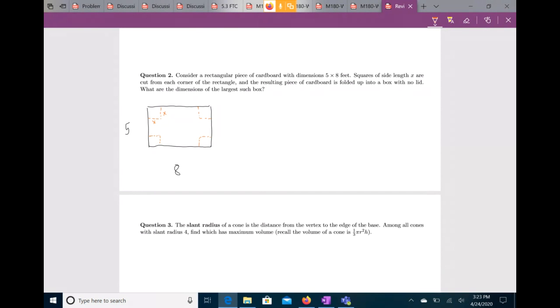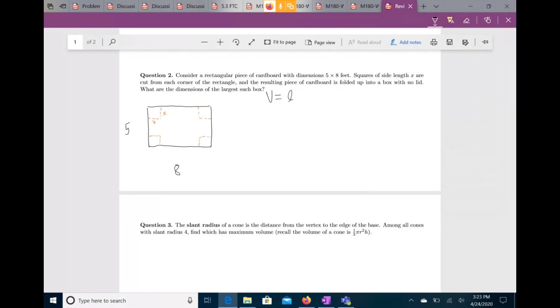Okay, so when I fold up, volume is length times width times height. When I fold these pieces up, the height of the box, if it was resting on the ground, would be x.